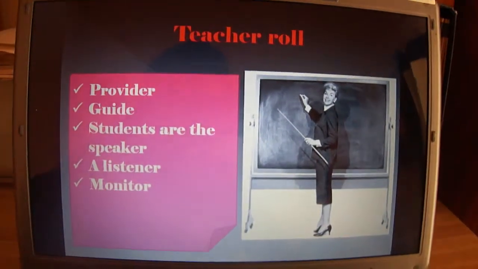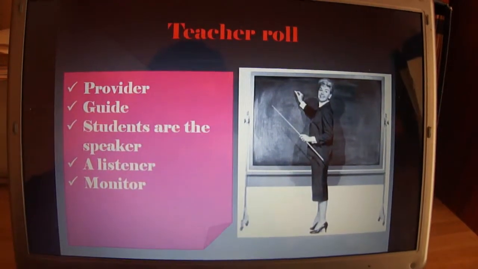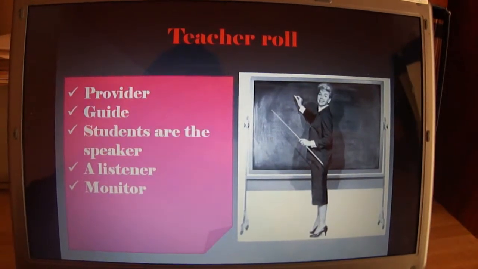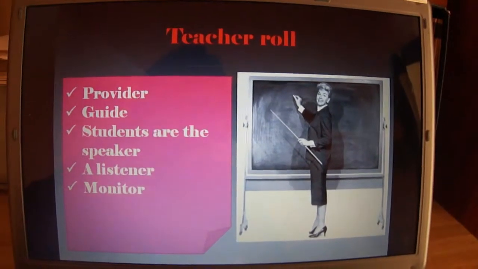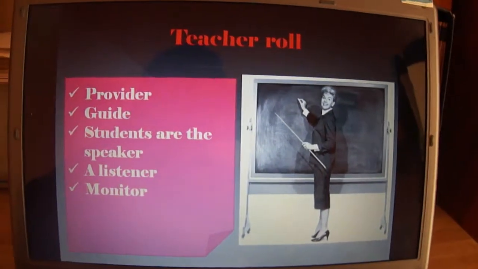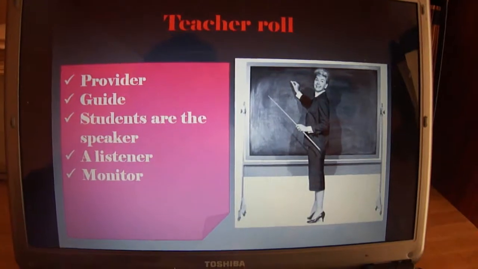Well, I have right here the teacher's role. The teacher's role is basically the listener. The provider provides the exercises, the learning opportunities, all the stuff in the classroom. A guide.